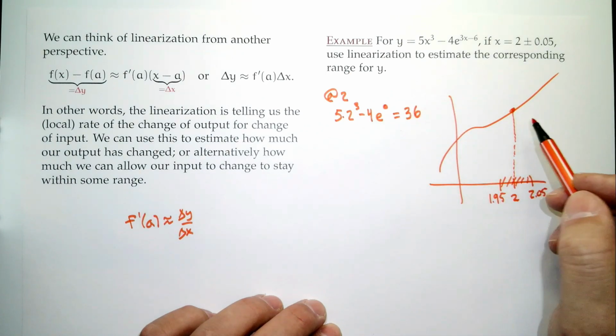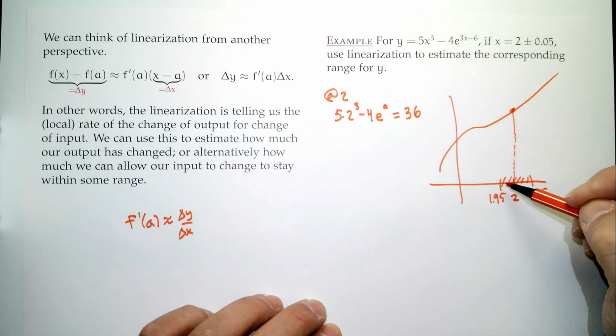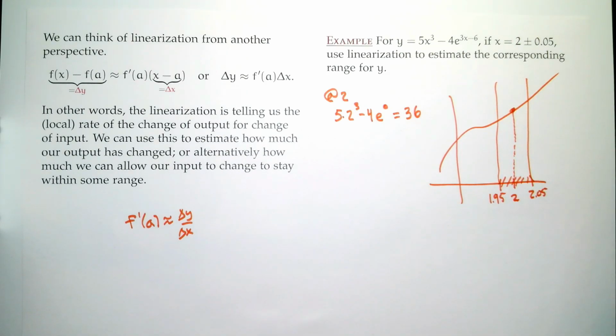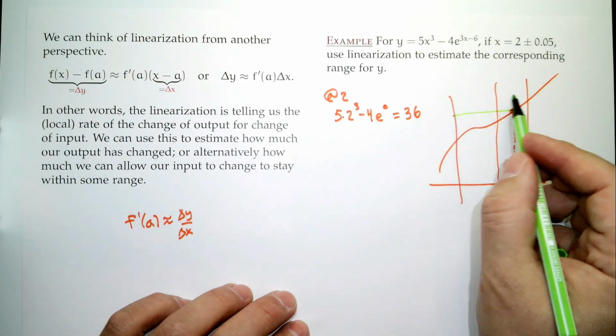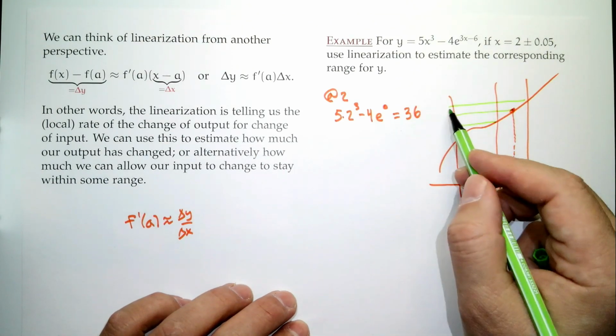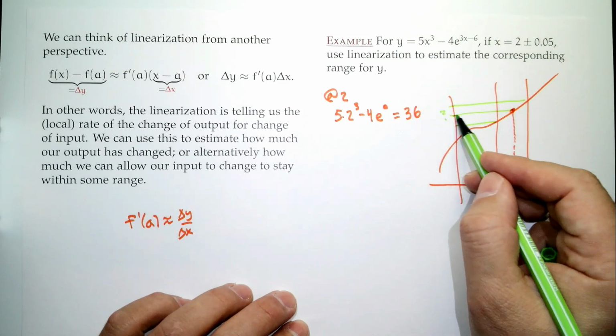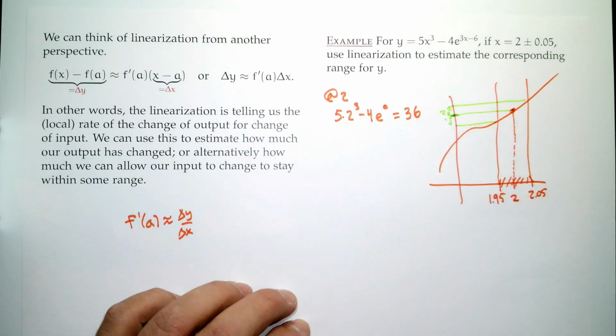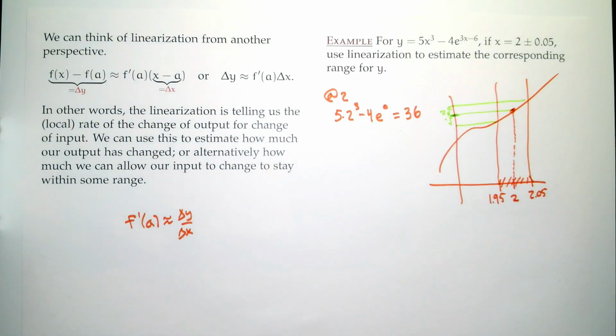So that would be if I was exactly 2. But remember, I'm in this sort of window here. So what I'm trying to do is get a handle on how much I could vary upstairs. How much am I going to vary from this 36? That's what I want to estimate. I'm not going to get it exact. I'm just after an estimate. So how does it go?